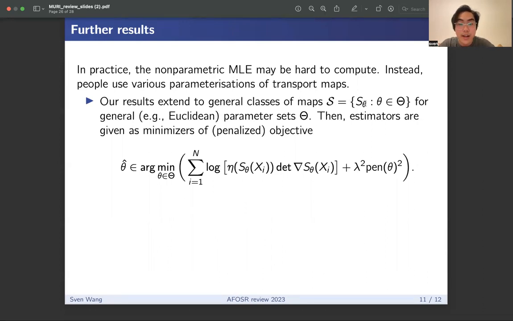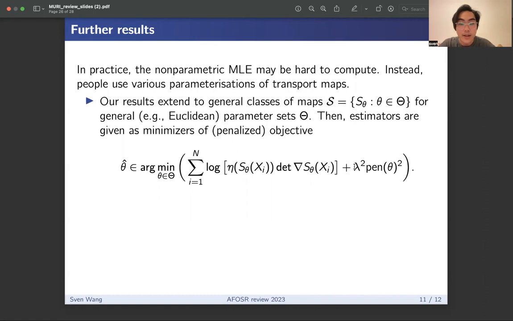So they would come up with a parameter set theta, and this parameter set theta would index a class S theta of maps. So for instance, theta could be neural network parameters, right? In which case that parameter space would be Euclidean. And then they also want to solve unconstrained optimization problems.